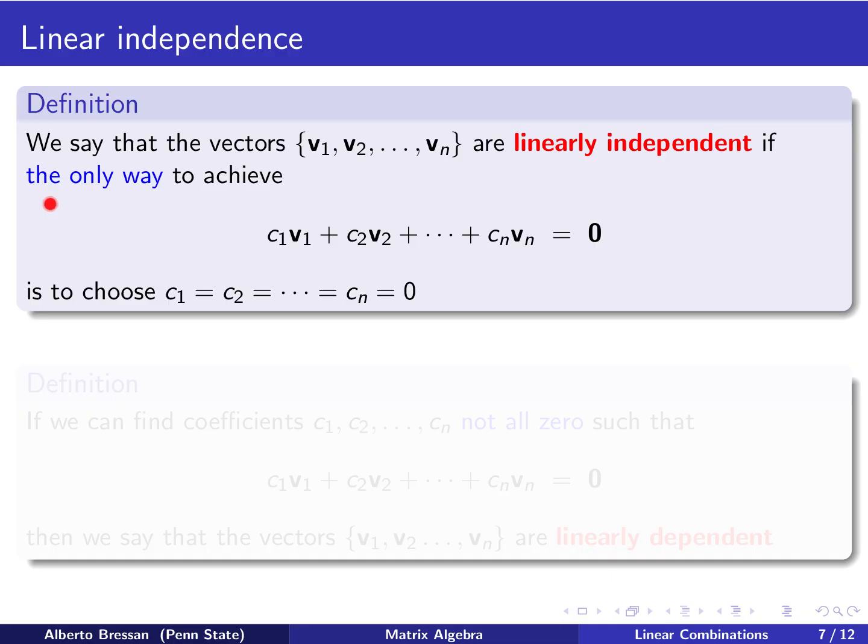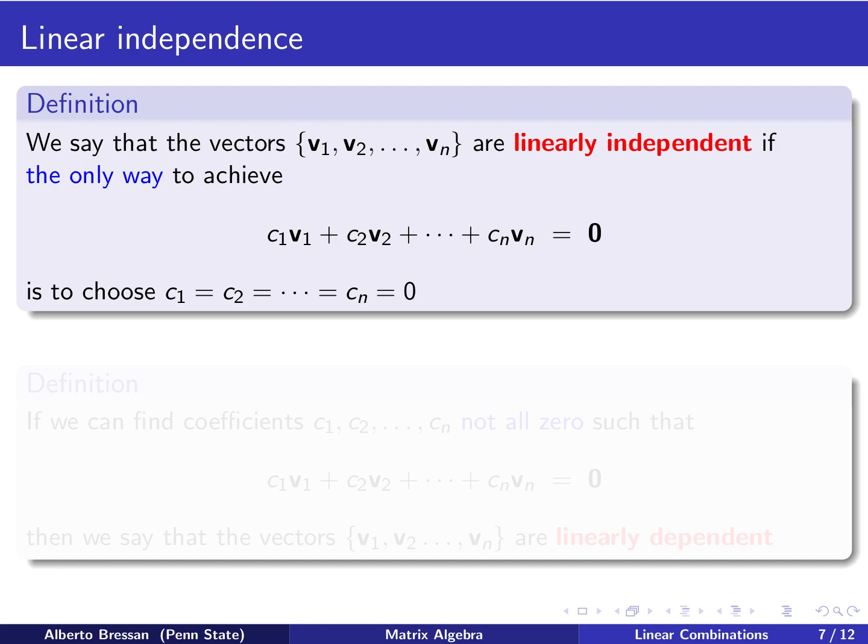That is, the only way to achieve that this linear combination equals the zero element is to choose all the coefficients to be zero. So we remark that if you choose all the c's to be zero, then no matter what the V vectors are, this is always zero, right?